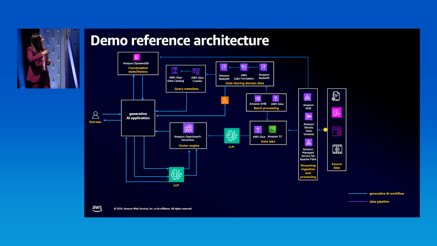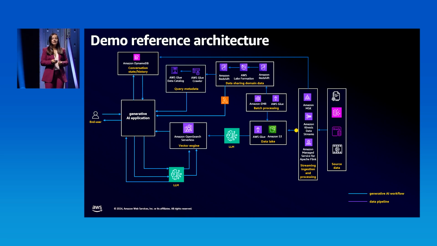So we're streaming this real-time data from various data sources into our service, and from these data sources, we are retrieving relevant information for the generative AI application and storing it in the conversational state history in DynamoDB. Also, part of this data we might want to save on S3 for further processing.